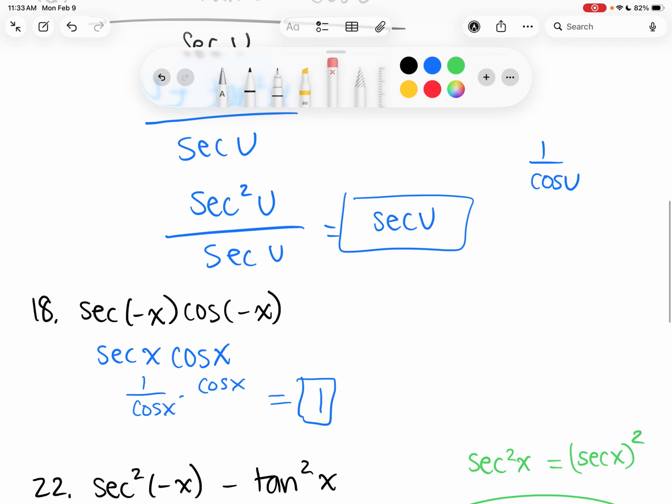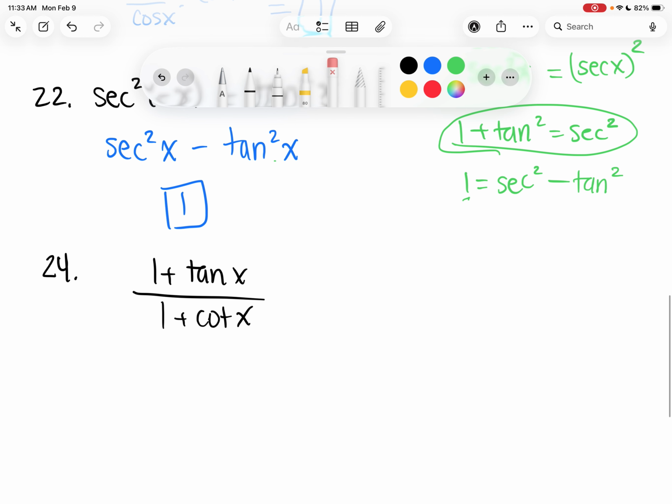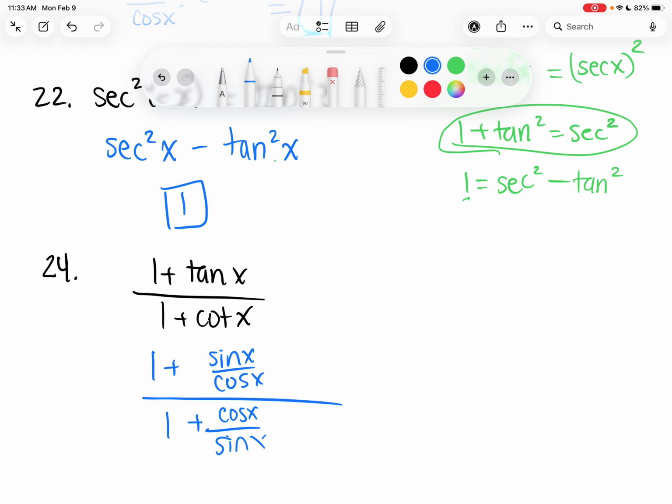But within a problem like this, most of the time I'm going to rewrite in terms of sine and cosine first, because that's going to simplify it down easier in most cases. So I'm going to rewrite the top as 1 plus sine of x over cosine of x, all over, on the bottom, 1 plus cosine of x over sine of x.